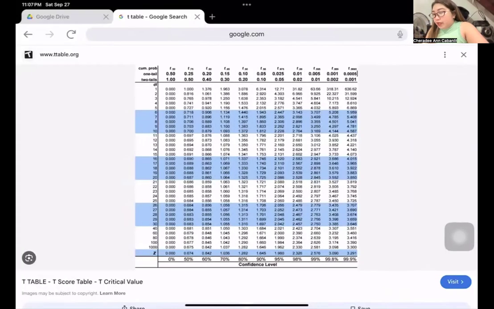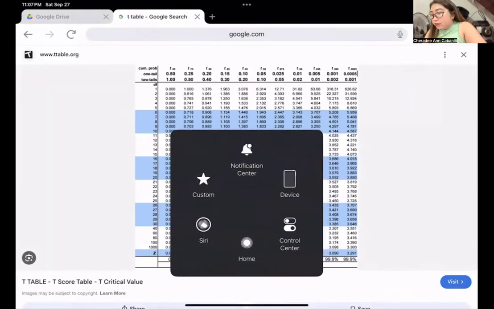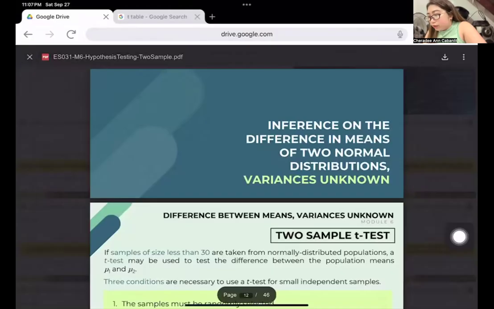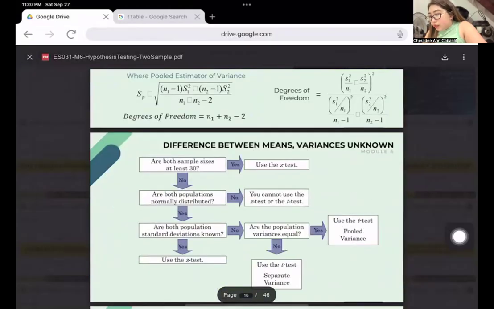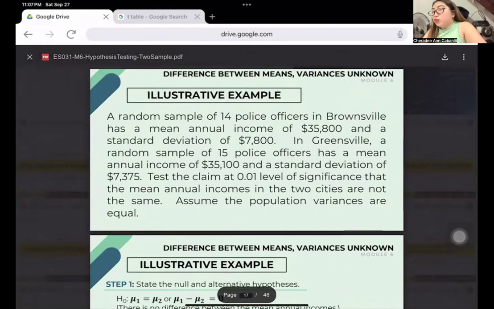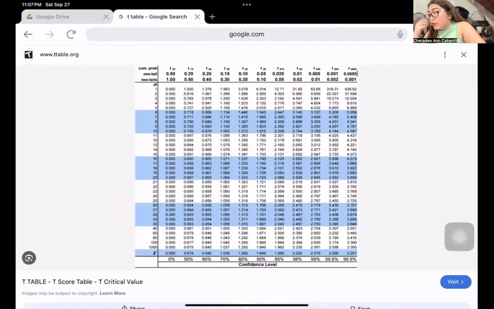Two-tailed at 90%. So two-tailed 99%. Is that right? Let me double check. What was the level? 0.01, so 99% two-tailed. It is two-tailed, so there's no need to divide the error.